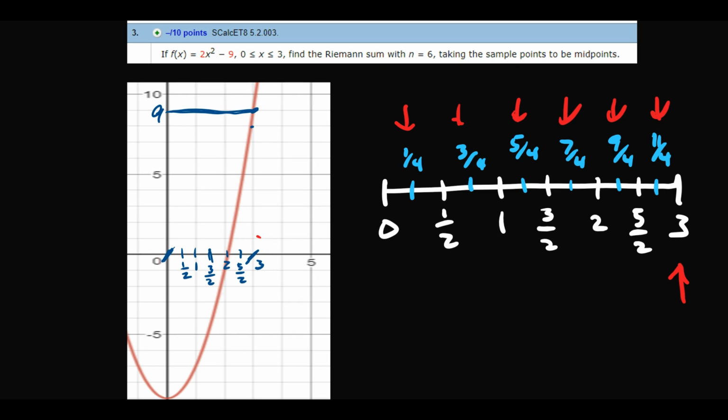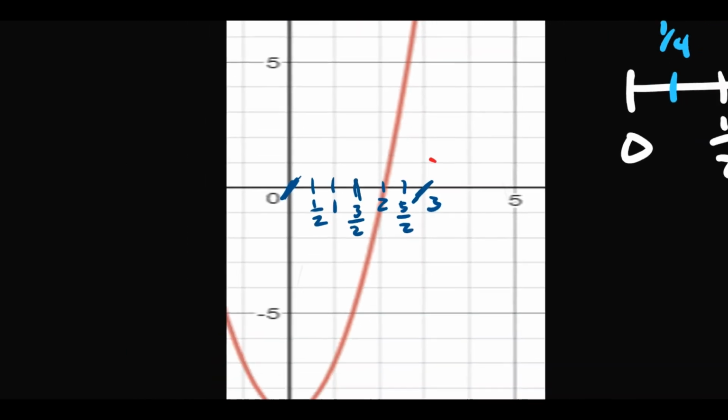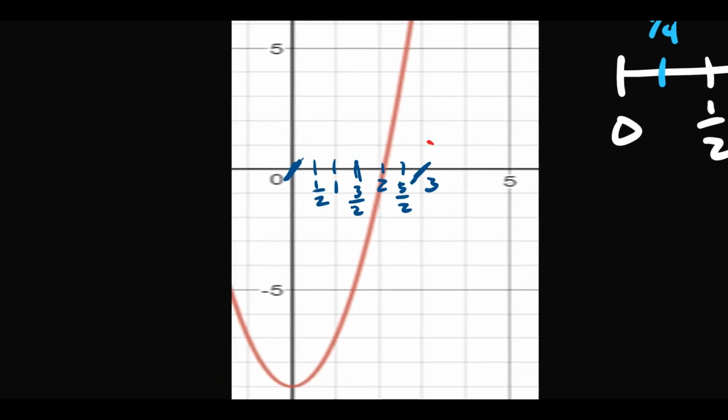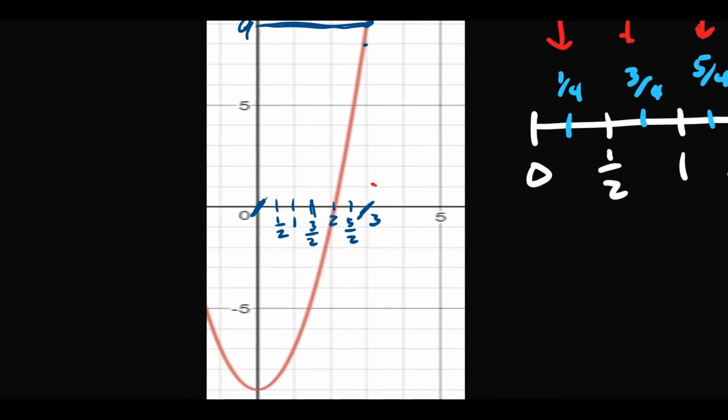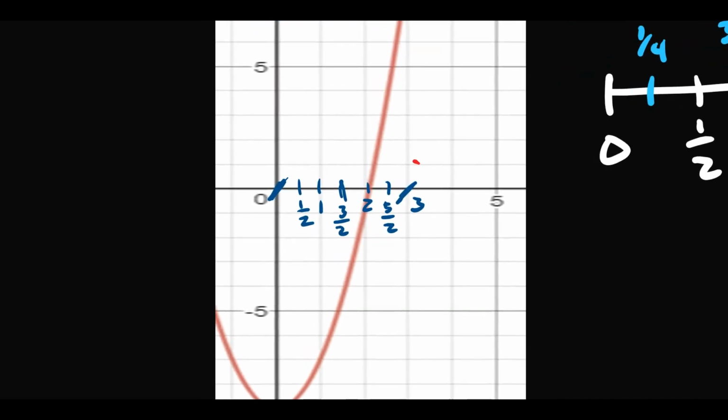So a sample rectangle in this, let's see if I can do this. Okay, so between 1/2 and 0 is 1/4. So we have a rectangle. Suppose that's just 1/4 right there.